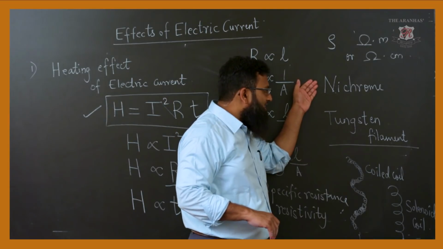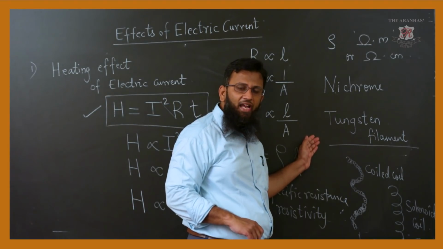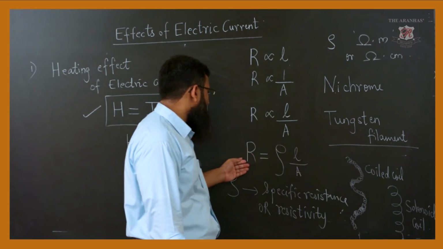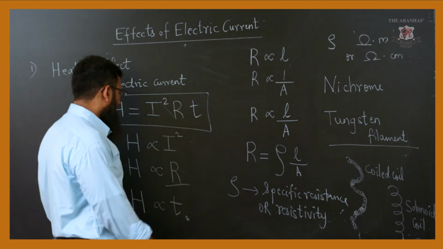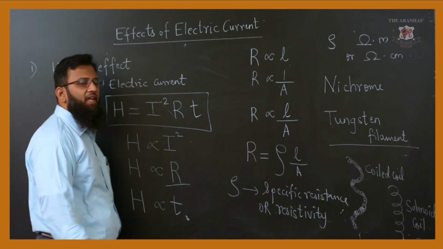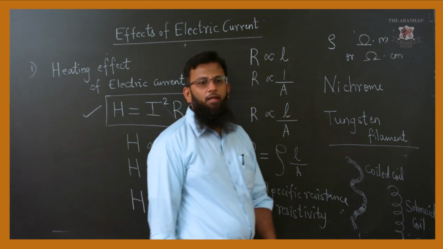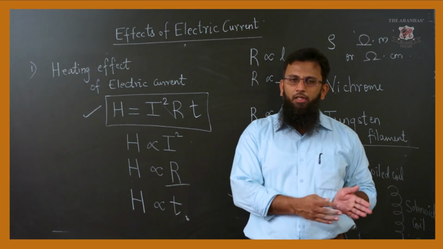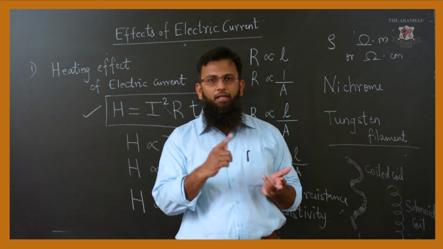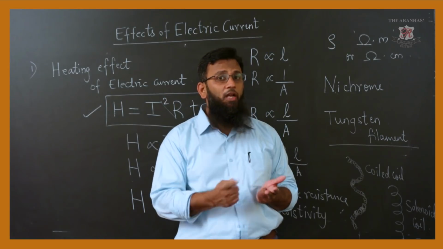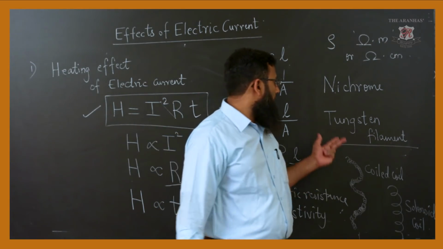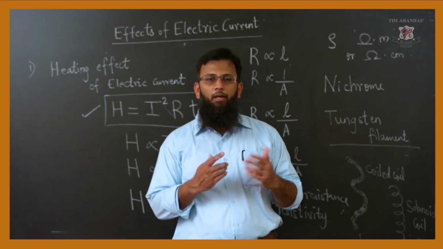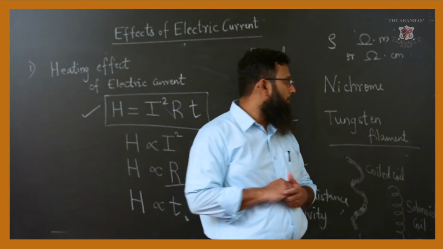So, since their resistivity is high, their resistance will also be high, which will help us in gaining more and more heat energy, and that is why such kind of materials are used in electric heaters, electric ovens where coil is used, electric irons, electric furnaces, in metallurgy, and many more.